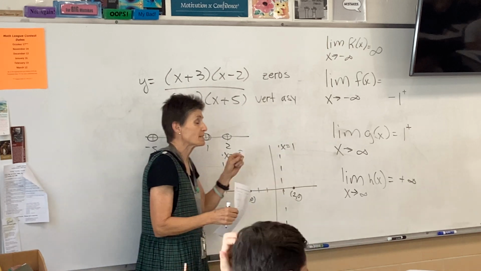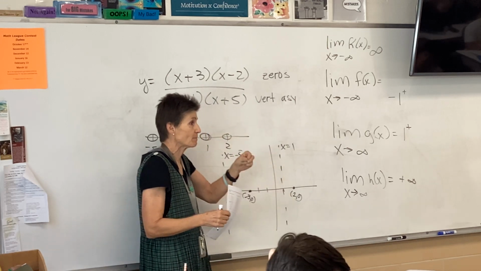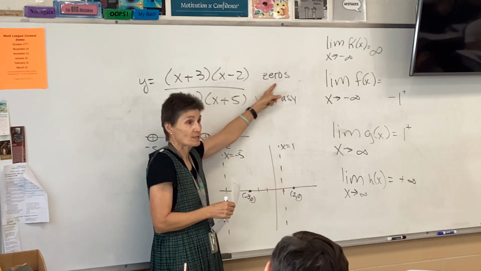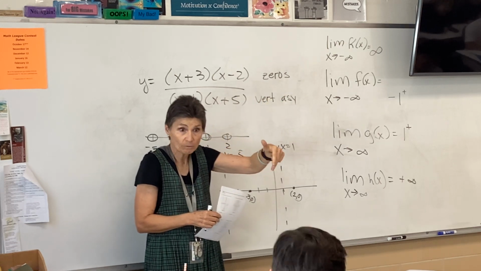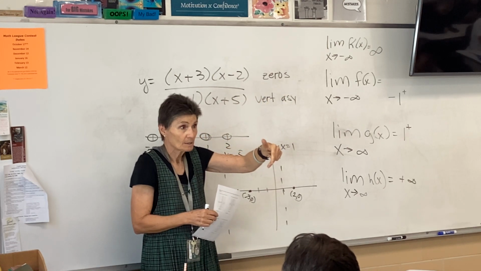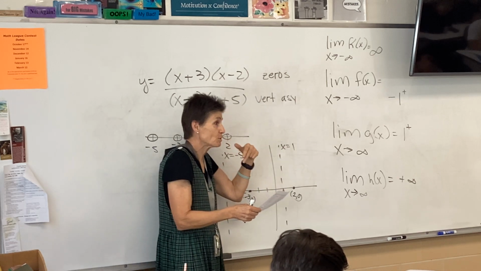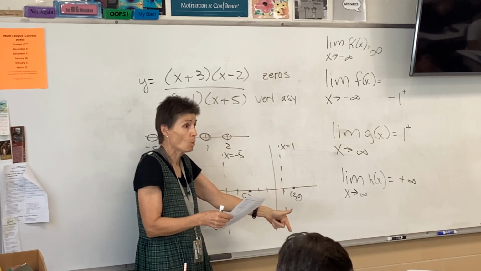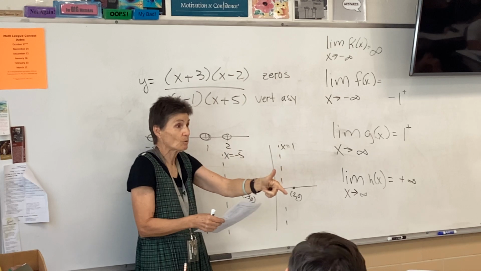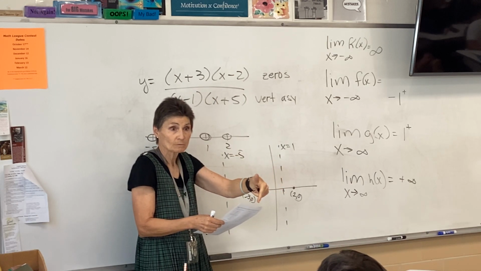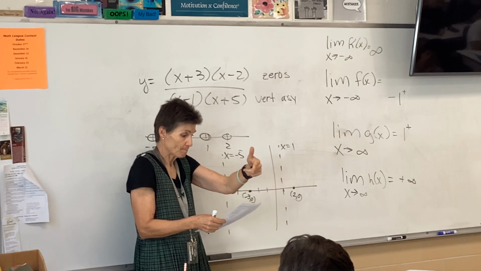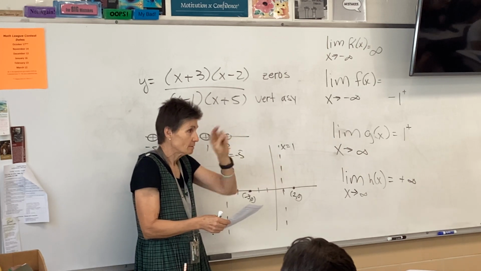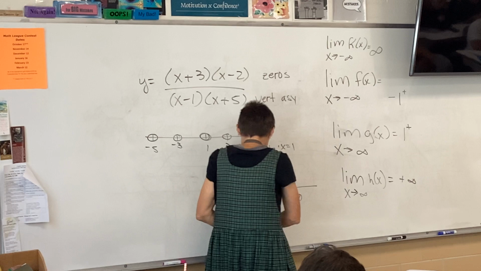But in terms of the vocabulary of the problem, the numerator is going to give me the zeros, so the only zero I have is 0, right? And then my vertical asymptotes are going to be x equals 1 and x equals -2. Would you agree?